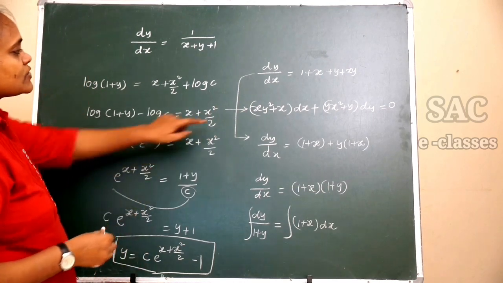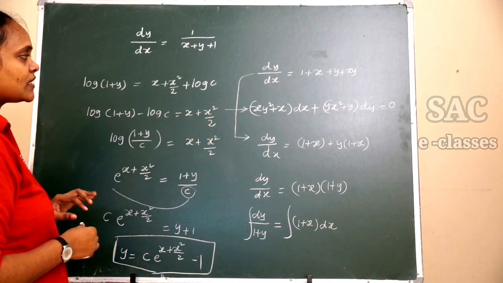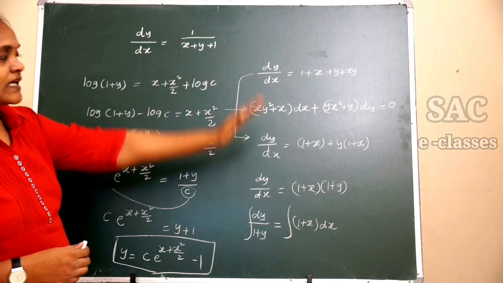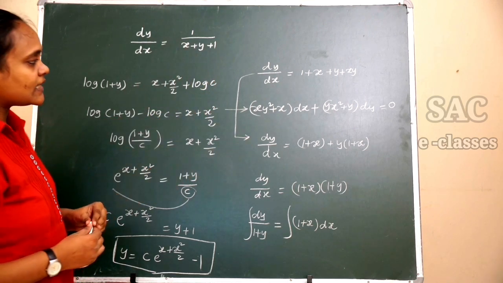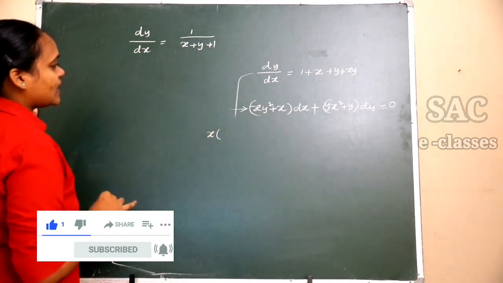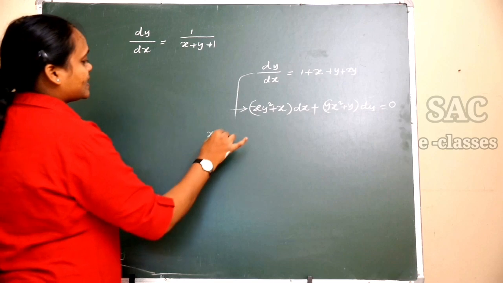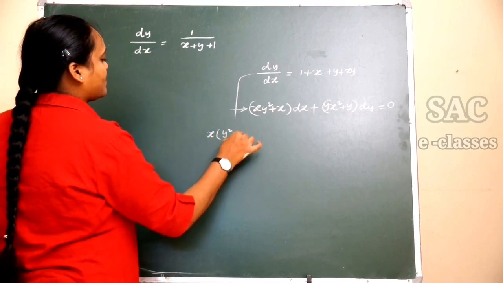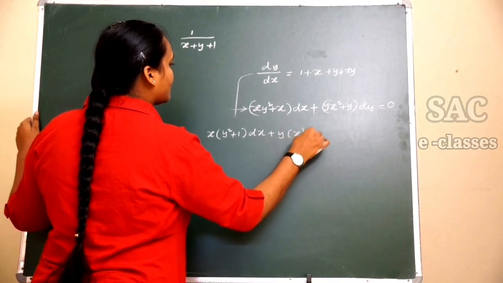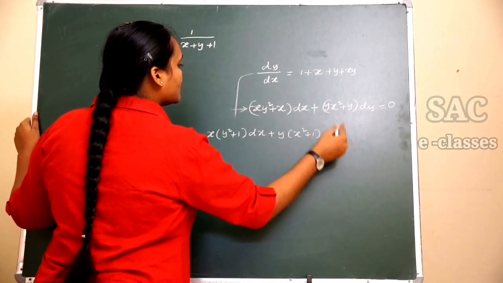Then how can we solve the given differential equation? Is it possible by the variable separable method, or is any other method involved here? Let us see. Observe the given one. Now can I write xy square plus x dx as x into y square plus 1 into dx, plus y into x square plus 1 into dy?